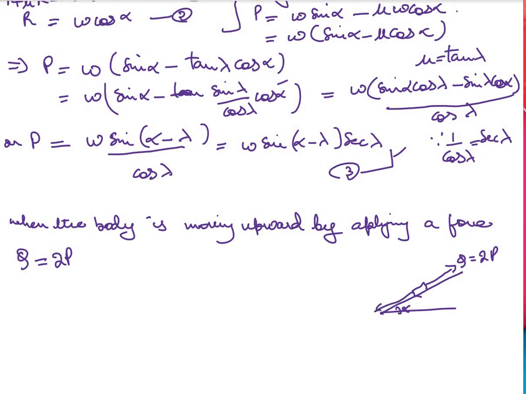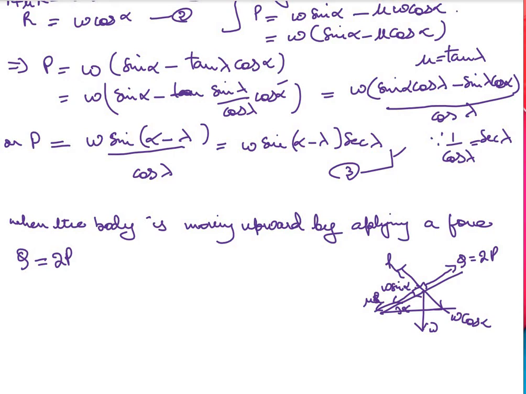So here the force of friction is mu R, the same thing only. Mu R, R here is the normal reaction, and W is the weight here. So the resolved parts of this will be W cos alpha, and this will be W sin alpha.